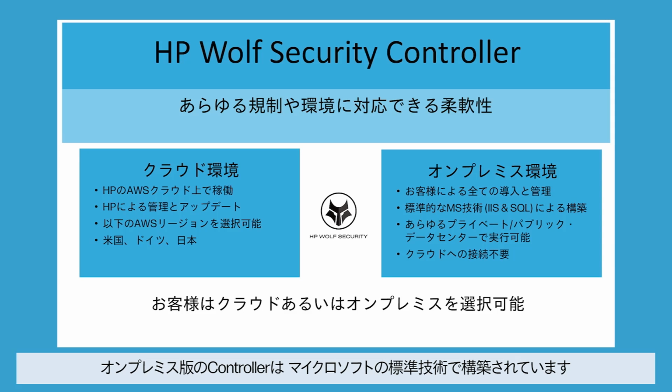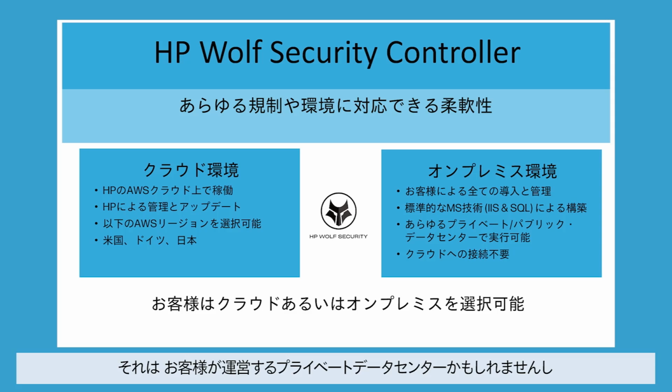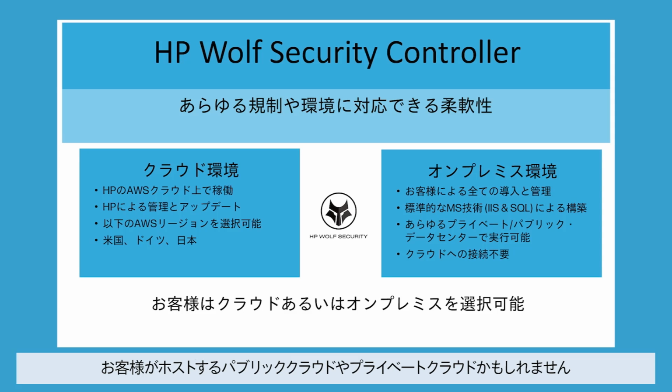We've built the on-premise version of the controller on standard Microsoft technologies, so it does require a Microsoft SQL Server database, and it uses Microsoft IIS web servers as the front end. The customer will deploy those Microsoft technologies, and we will provide them the software to install our controller in any data center the customer chooses. That could be a private data center run by the customer, or it could be a public or private cloud hosted by the customer.